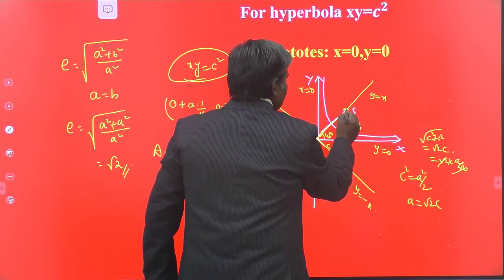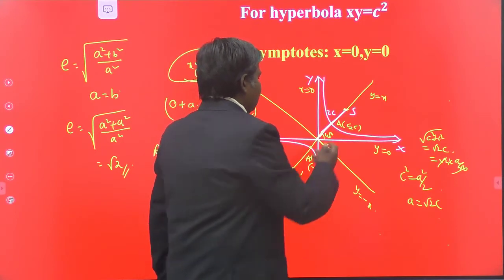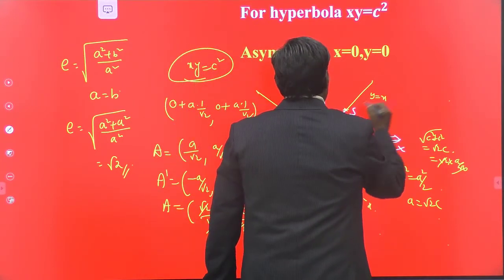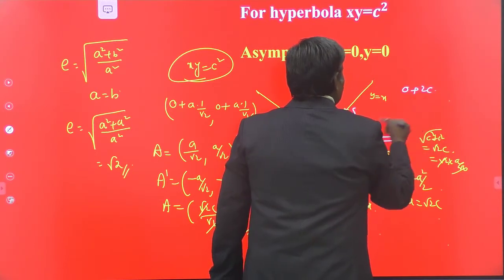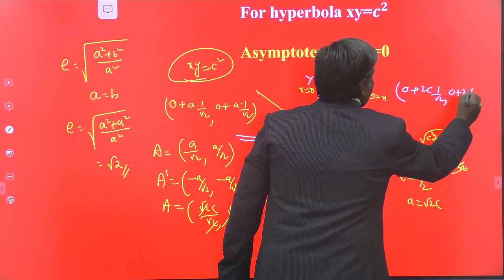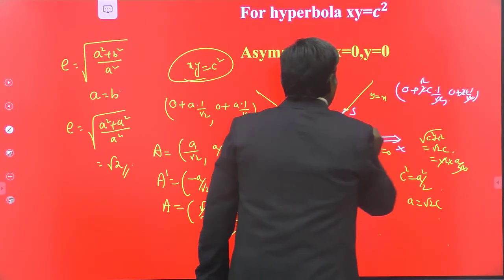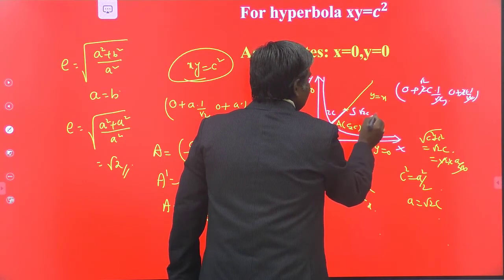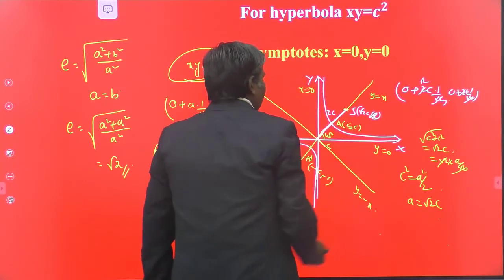This is your focus, yes. This is the distance 2c. X is equal to x1 plus r cos theta, y equal to y1 plus r sin theta. You have to use 0 plus r, which is 2c, cos 45, 1 by root 2. And 0 plus 2c into 1 by root 2, that is root 2c. So we have root 2c comma root 2c as the coordinates of S.